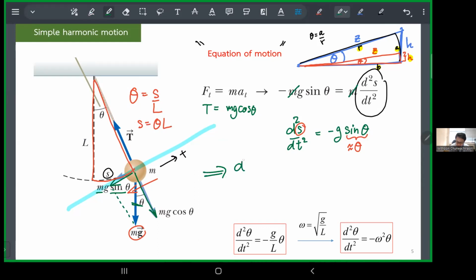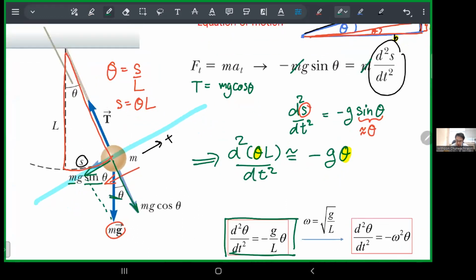So you have d2 of theta L by dt2 approximately equal to negative g theta. Now here we have theta on both sides. I can move L to the right-hand side, and I'm pretty much done with this derivation. There you go.